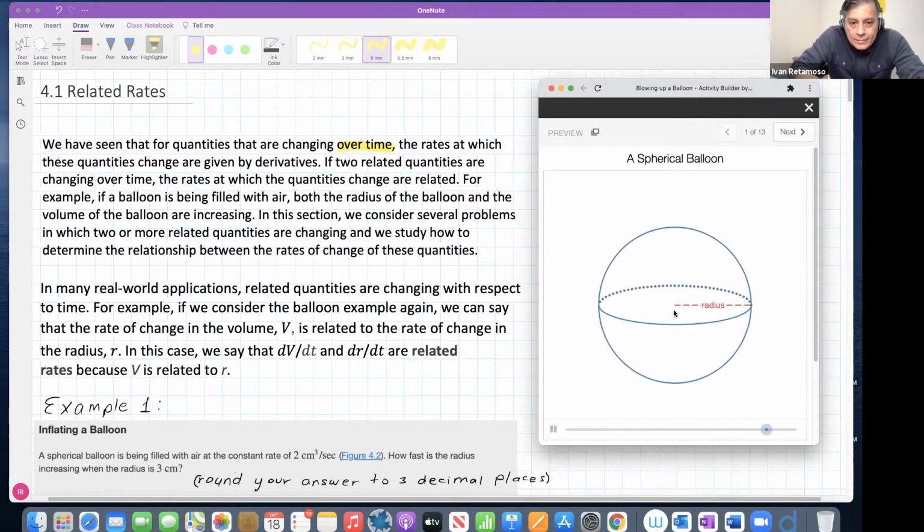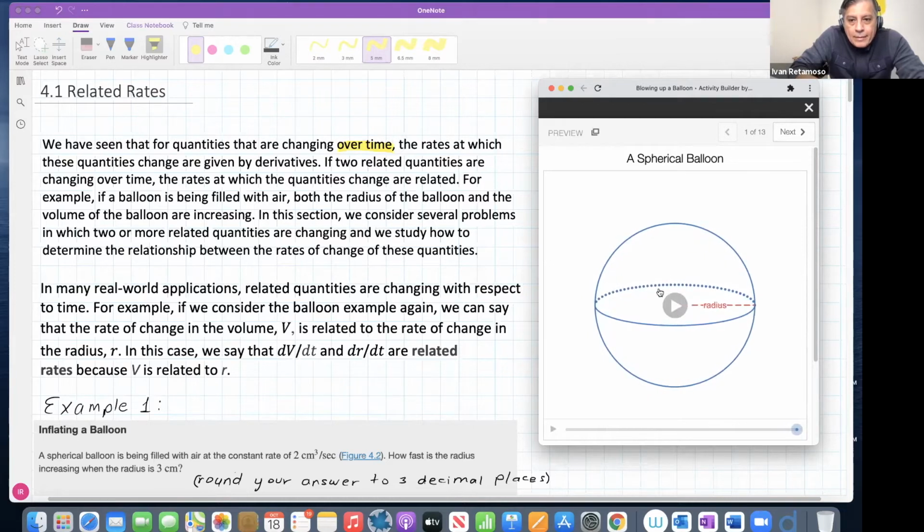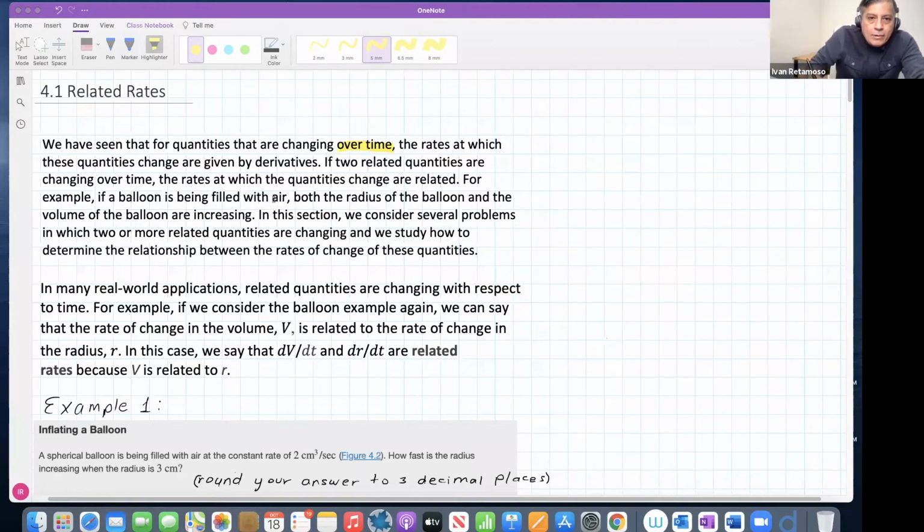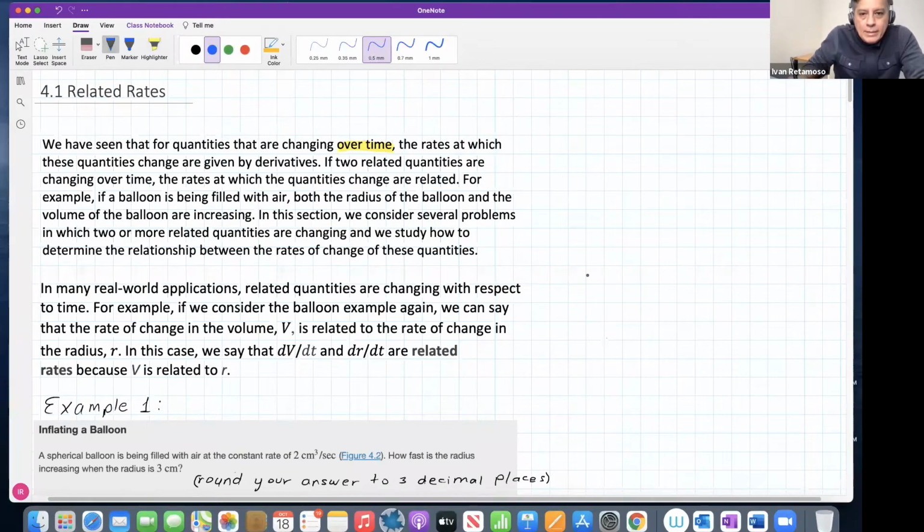Once you figure out the relationship between the two quantities that are changing, for example, here volume is changing with respect to time, from geometry we have this relationship: volume equals 4 pi over 3 multiplied by r cubed. This is how the volume is related to the radius if the shape is a sphere.